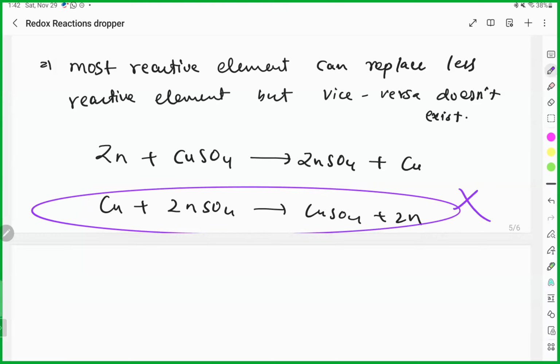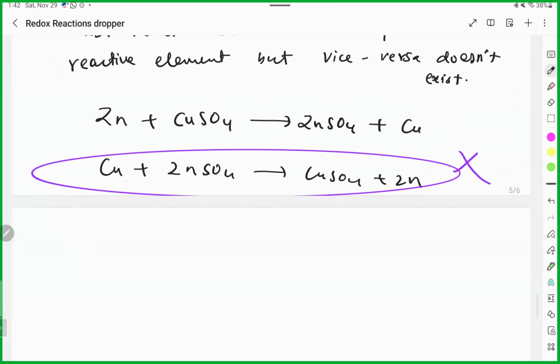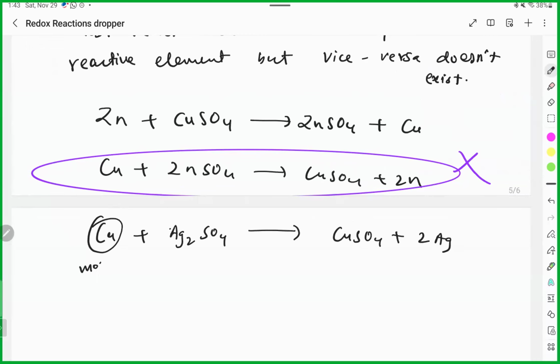Understood? But if copper reacts with silver, it can replace. Example, if copper reacts with Ag2SO4, then it can become copper sulfate and 2Ag, because copper is more reactive than silver.